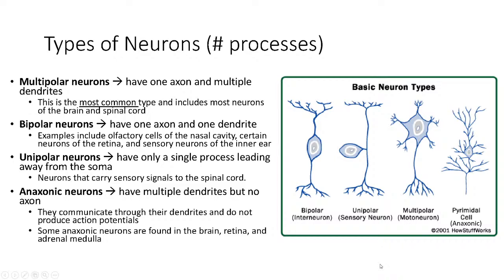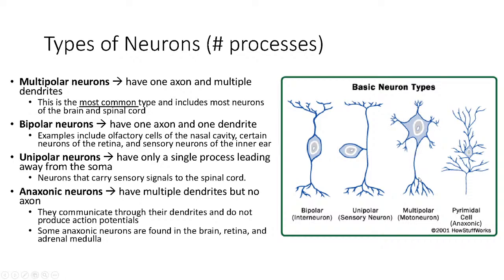All right, so here we have structural differences between neuron types. And I mentioned multipolar neurons a couple of times. When people draw a neuron, it's almost always a multipolar neuron. I don't know why that is. Maybe they're the most interesting looking or the easiest to understand for us.